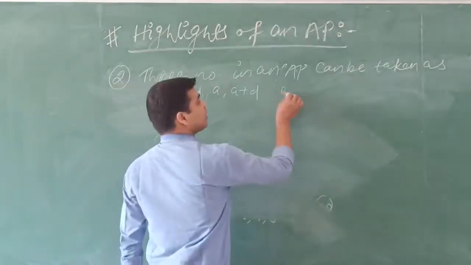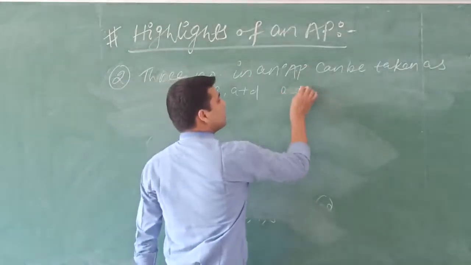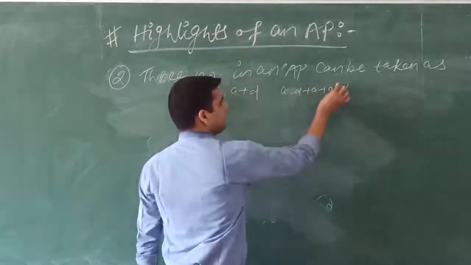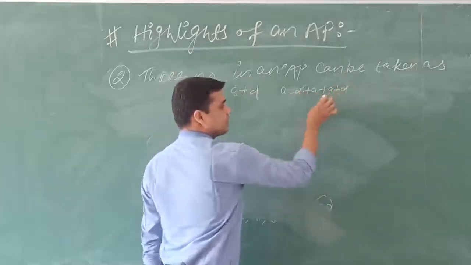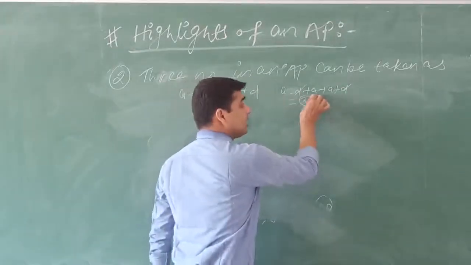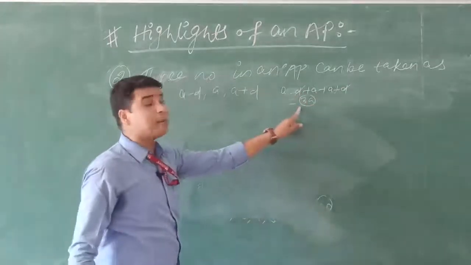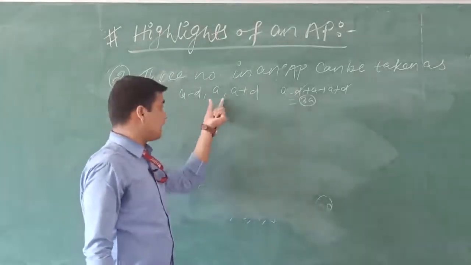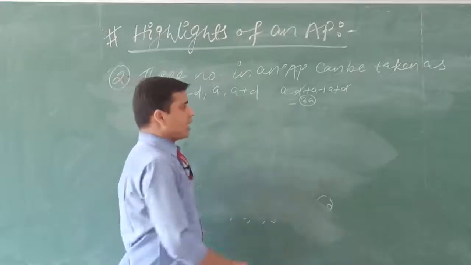A minus D plus A plus A plus D: minus D plus D cancels. After adding, we get 3A, which is independent of D. So this is the advantage of taking these numbers. Okay, so I hope you are getting this.